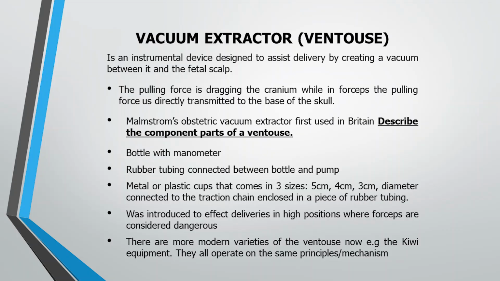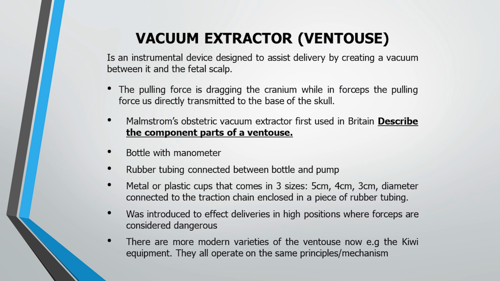All these forceps may come out in your orals, may come out in OSCE, and you may have to discuss many of them, their components, their parts, so you must know them. The vacuum extractor was first described in Britain by Armstrong.